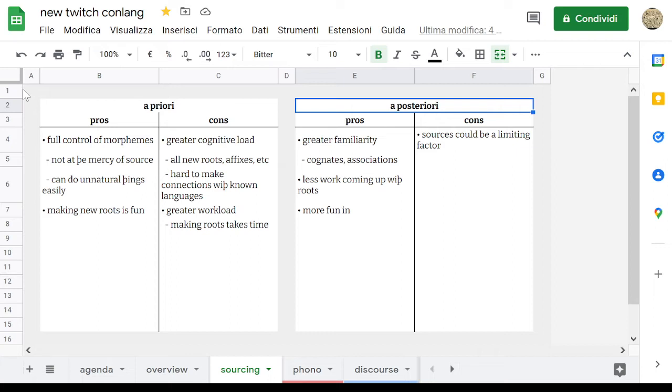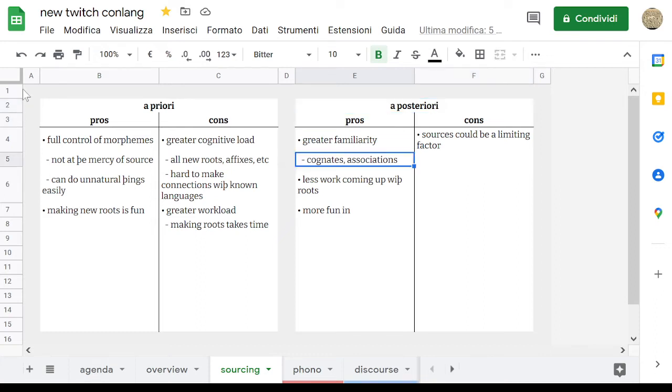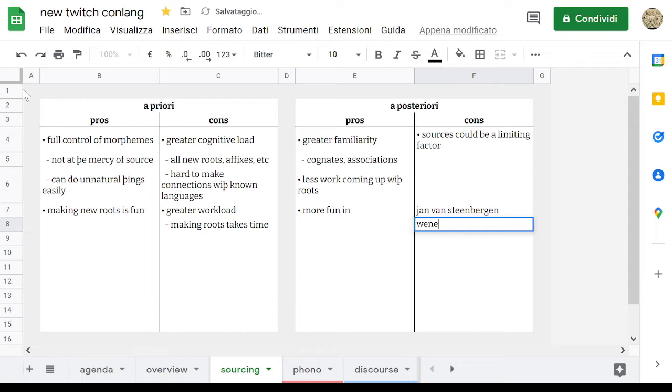He was Dutch. I don't speak Dutch, so I'm probably mispronouncing his name. I'll just write his name. I remember how it's spelled. Steenbergen. And I think the language is spelled like this. Venedic.